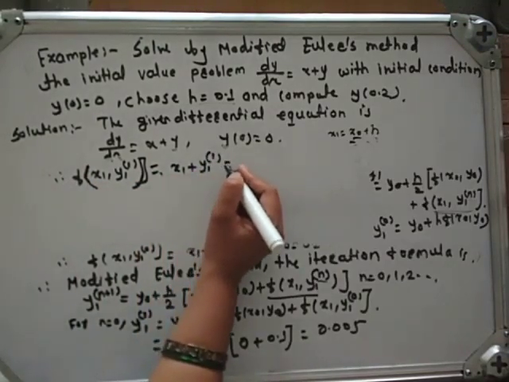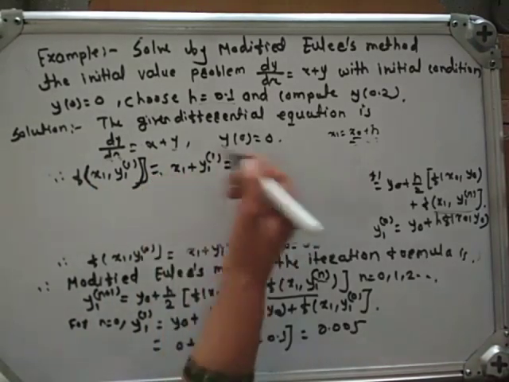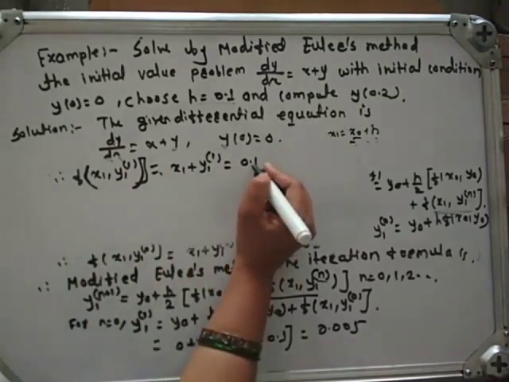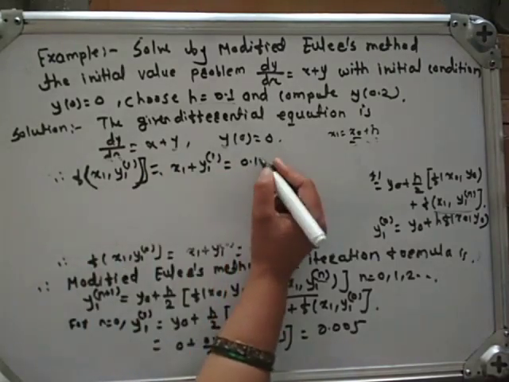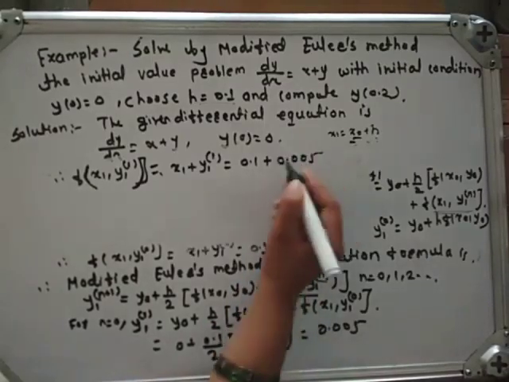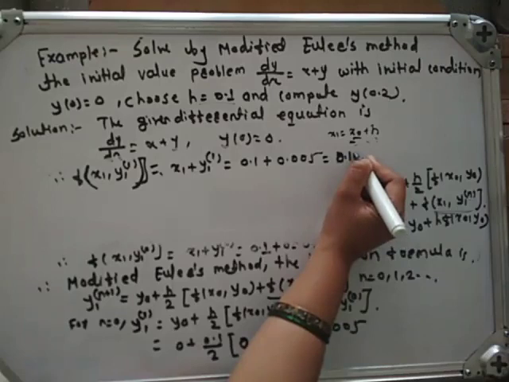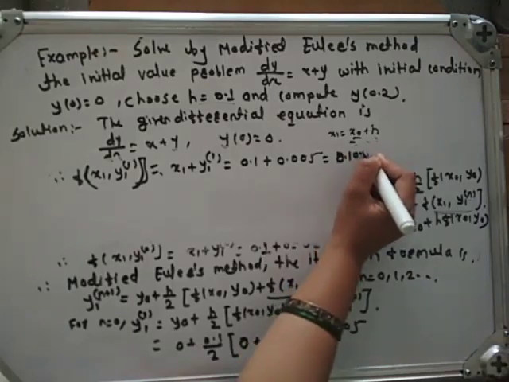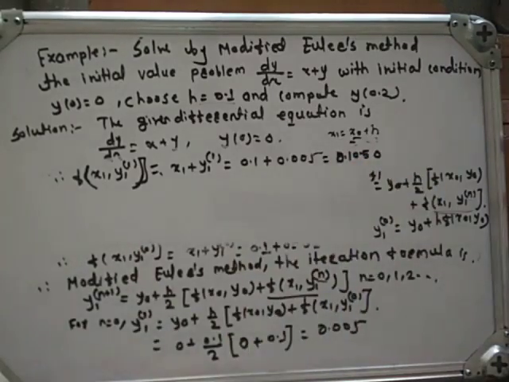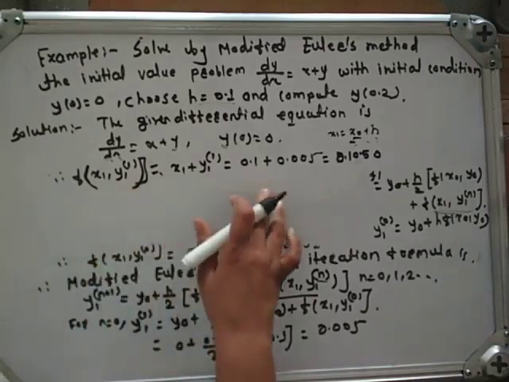What is x1? x1 is 0.1, we have already found it, plus y1 (1) is 0.05. So your answer is 0.1050. This is your f of x1, y1 (1).